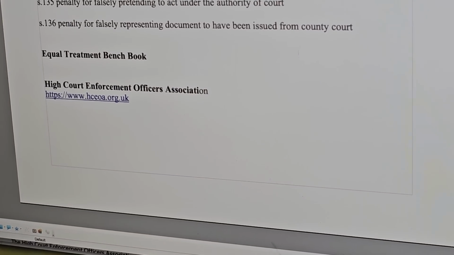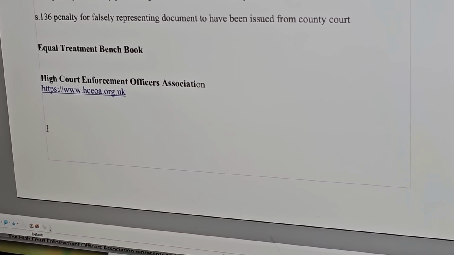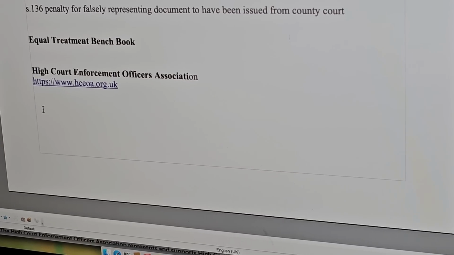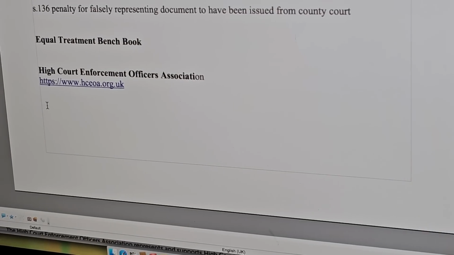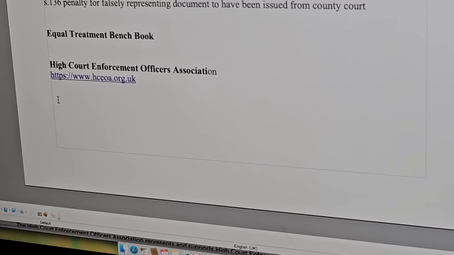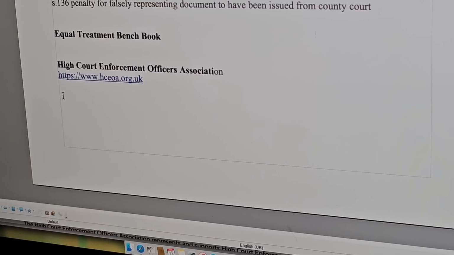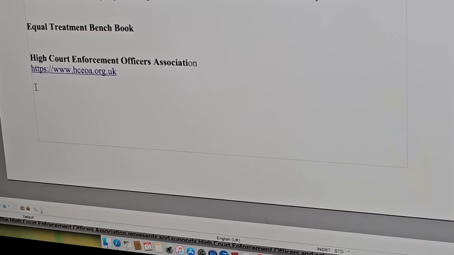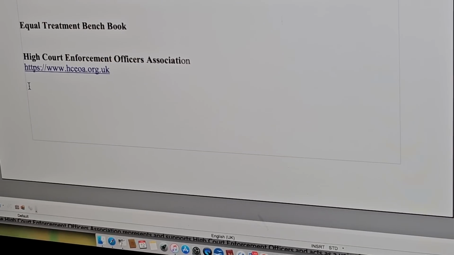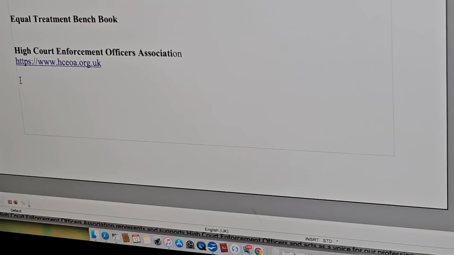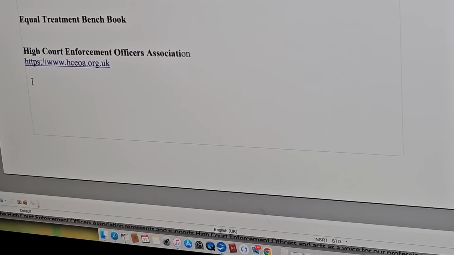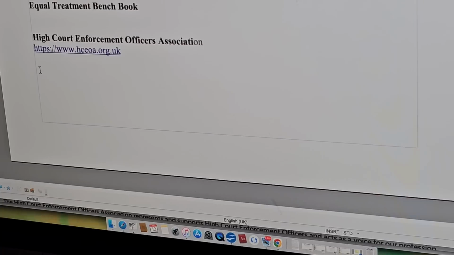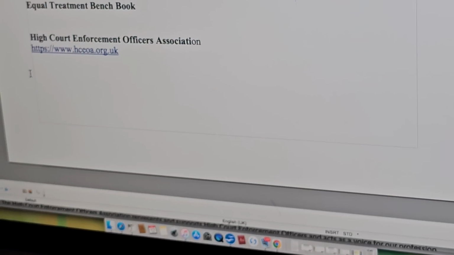So the High Court Enforcement Officers Association. Yeah, they have a register, and all of these High Court Enforcement Officers must be listed on it. Unfortunately, some of them are writing down their companies as trading names. Malcolm Davis, who should have turned up here on the 4th of March, had put down a PO box number and a trading name. What they do is they'll have a trading name of a company.